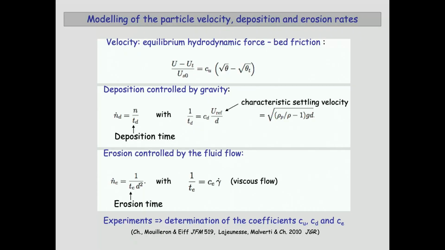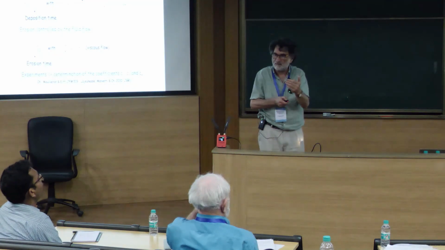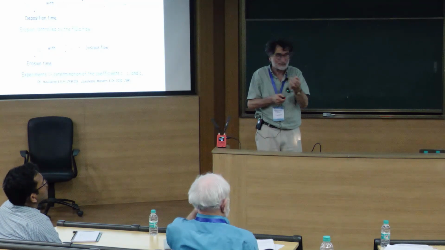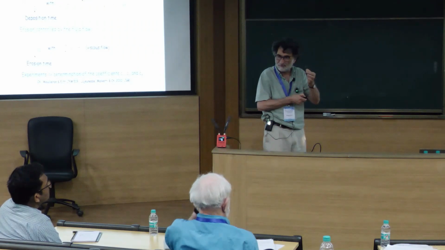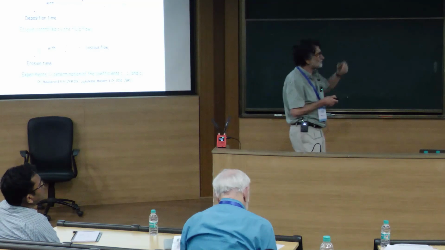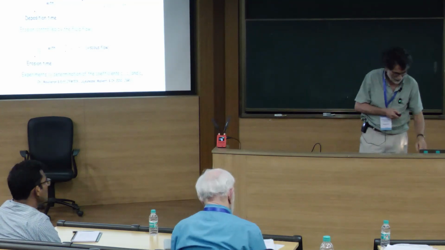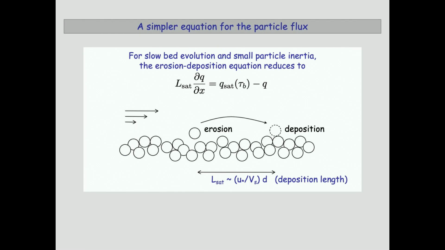And in UT, we observe that when the Shields number exceeds the threshold, the particles begin to move, but their initial velocity, they begin to move from zero. So we have to introduce a threshold for the particle velocity too.